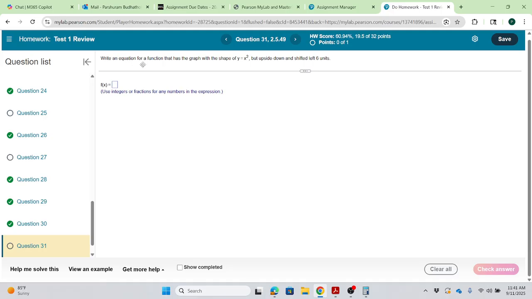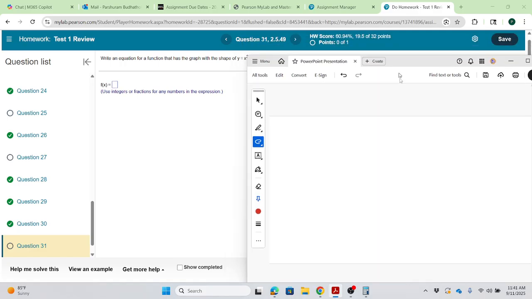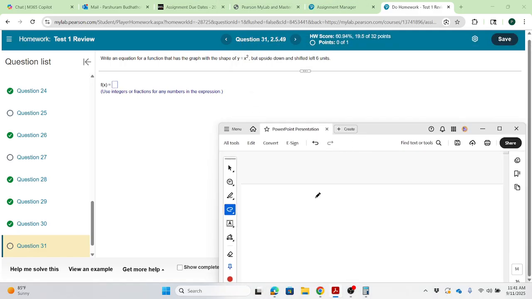Okay, write an equation for the function that has the graph with the shape of y equals x squared but upside down and shifted 6 units left. So you start with y equals x squared, and upside down means y becomes negative y. That can be done by putting a negative in front of the formula.